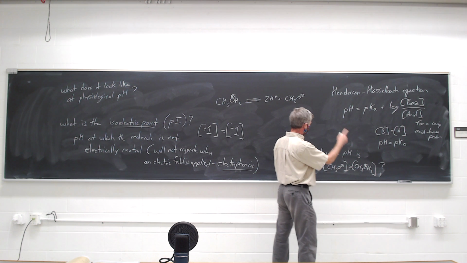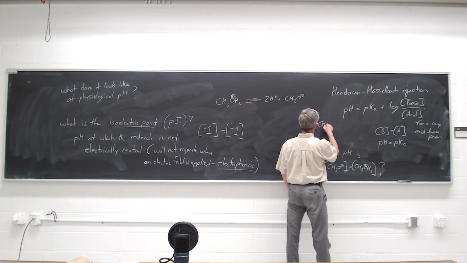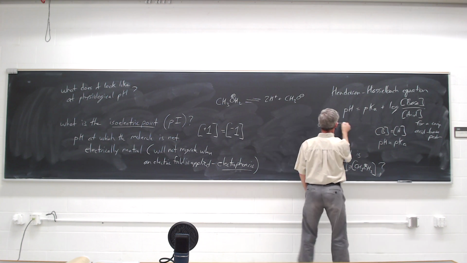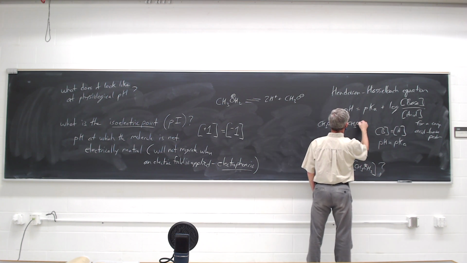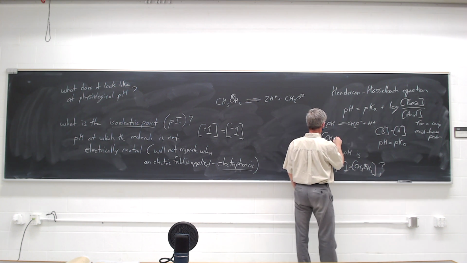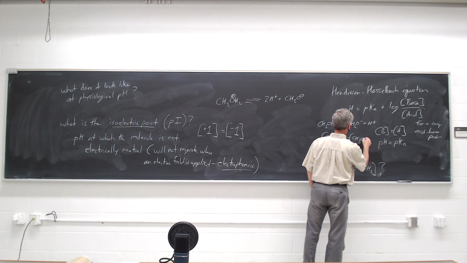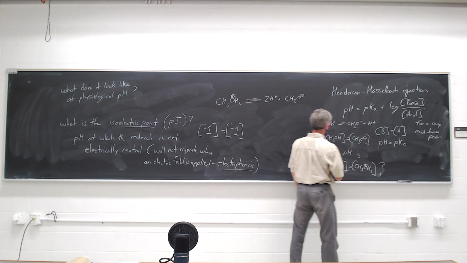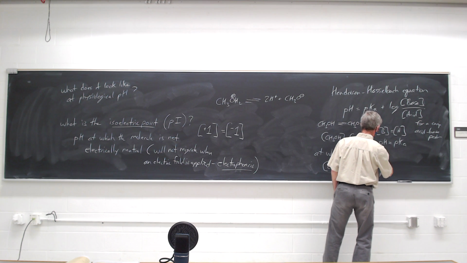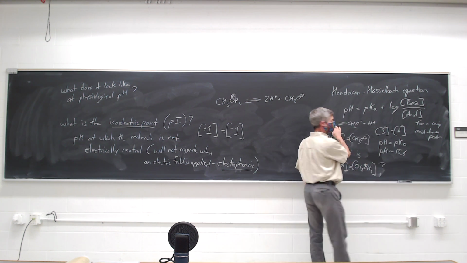So we can say for the methanol to methoxide equilibrium that the CH3OH concentration is equal to the CH3O- concentration at a pH of approximately 15.6, which is the pKa of methanol.